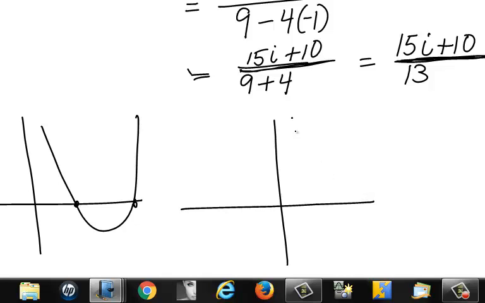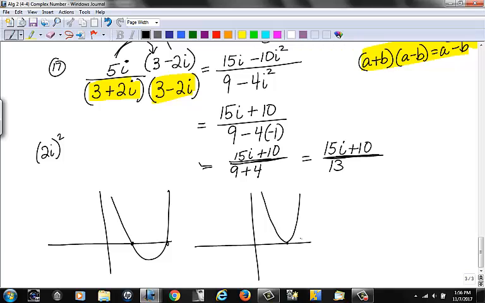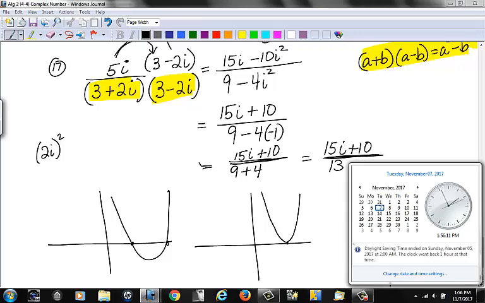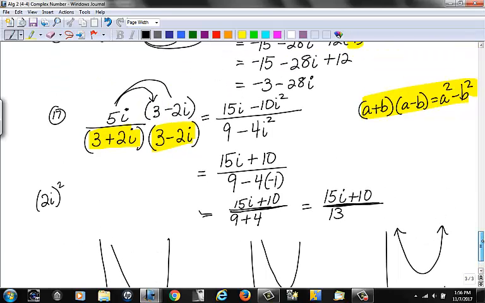One of the possibilities is where it just touched and it had a double root. Okay, what you just did today was you solved a quadratic that does not cross the x-axis. Okay, you solved for the i values, and the i values are the imaginary units where it does not cross. Okay, that's a lot in one day, but I figured you needed to see examples of all of it.